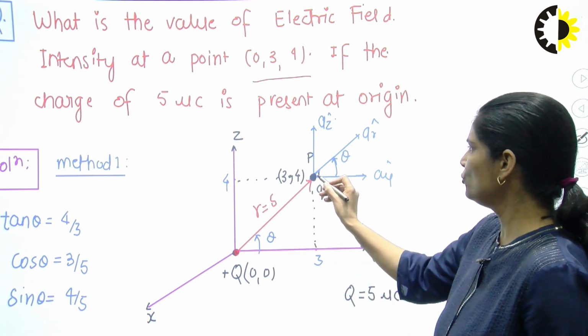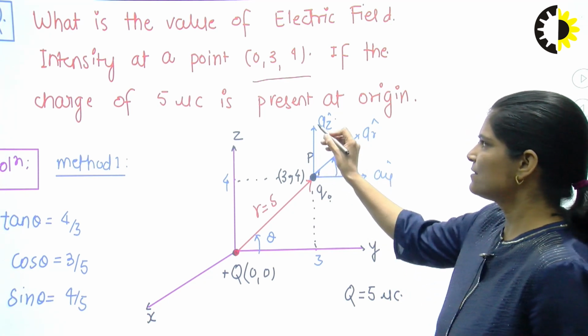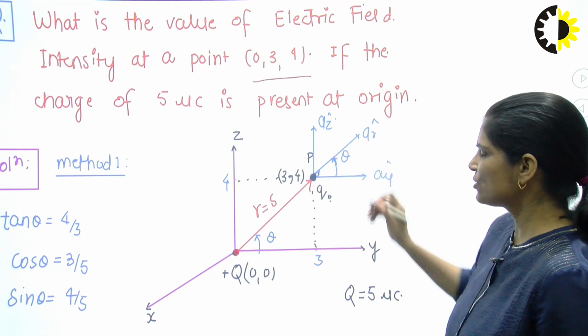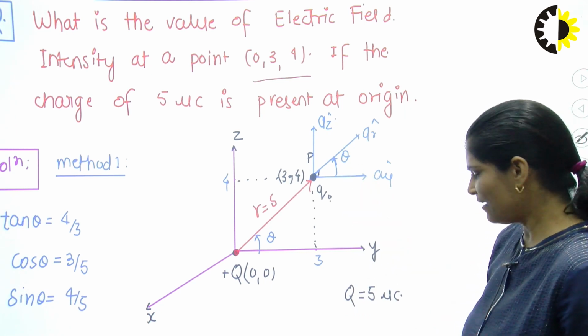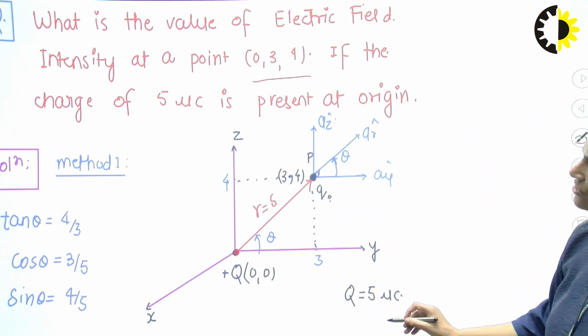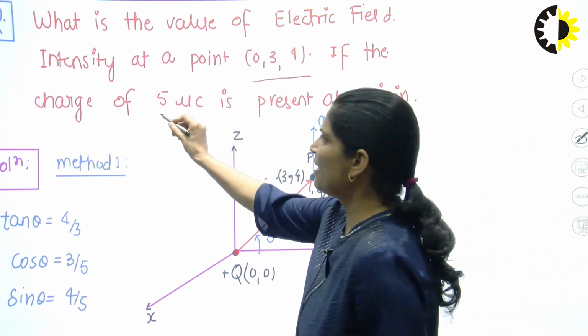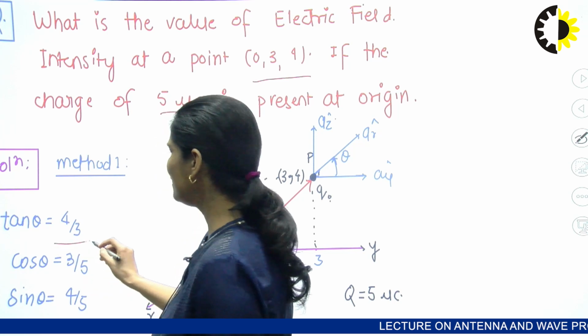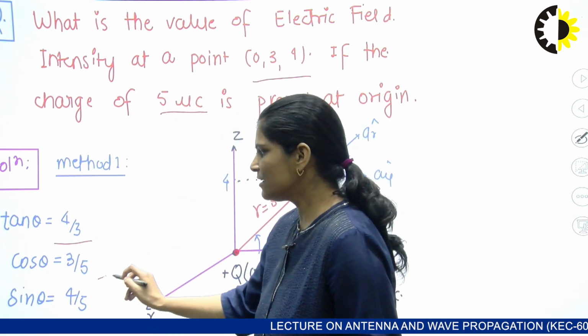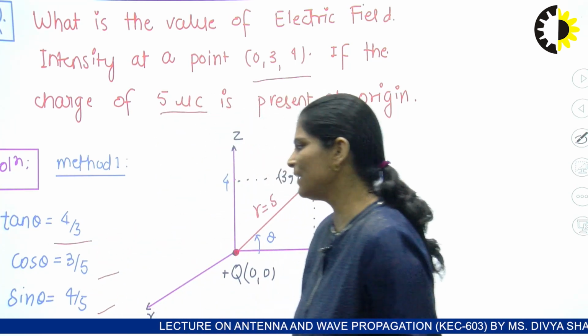So first you should know, you have to find out AY, this is AZ, and this is your direction of electric field intensity. Now you can put all these values and find out your Q charge. Q charge is given here 5 microcoulomb, and you can find out the value of tan theta 4 by 3 from this figure, cos theta 3 by 5 and sin theta 4 by 5.